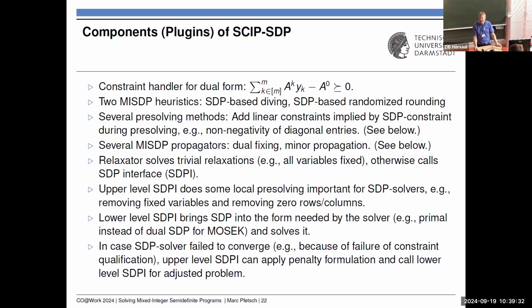You have to devise primal heuristics. You have to do presolving. You have to take care of the relaxations. You have to interface to the solvers. And all this is done in SCIP-SDP. Okay, and I could talk for hours to tell you about all of that, but I will just pick out some of the techniques later.